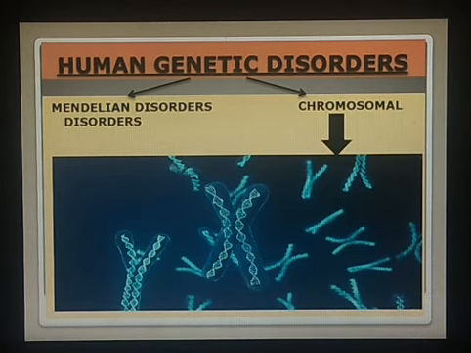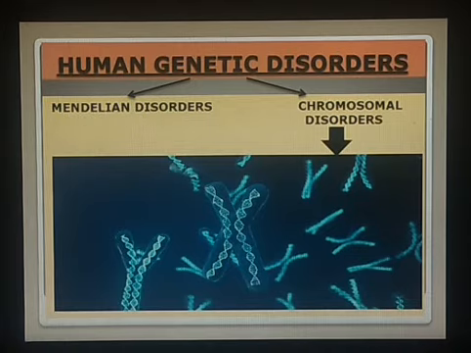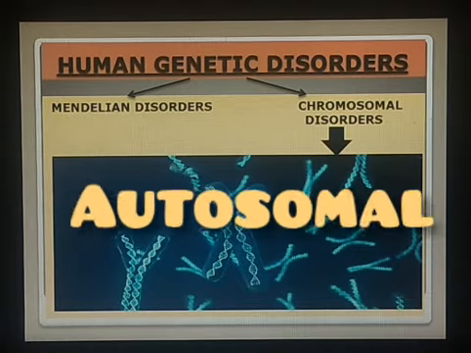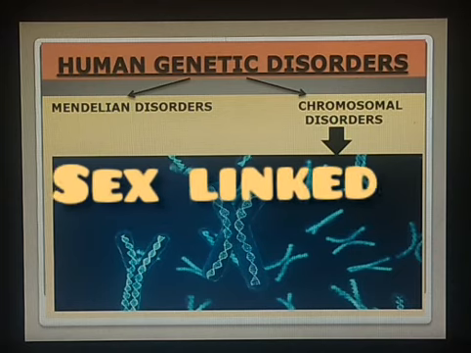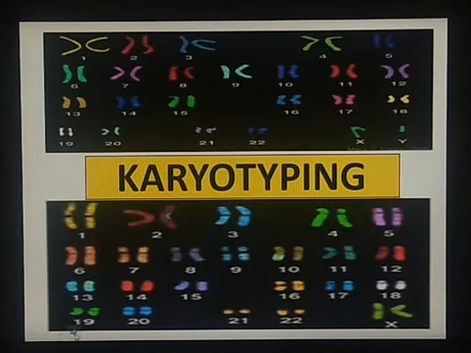Like Mendelian disorders, chromosomal disorders can be autosomal type or they can be sex linked. Such chromosomal abnormalities or disorders in an individual can be found out by karyotyping. Karyotyping is a laboratory procedure to examine our set of chromosomes.